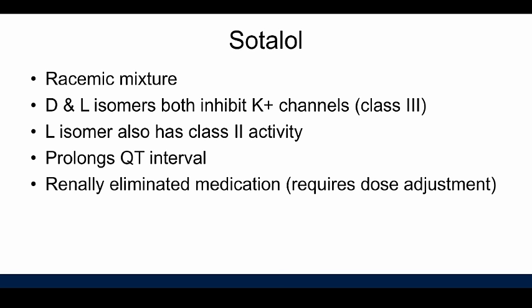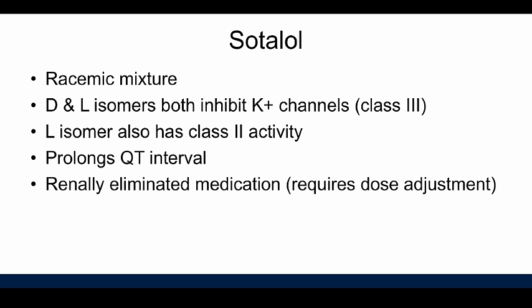So note then that it's only half of the active drug, so D and L being roughly equivalently represented in a racemic mixture, meaning that half of that substance has some activity as a beta blocker, but all of that substance has primary activity as a potassium channel blocker.